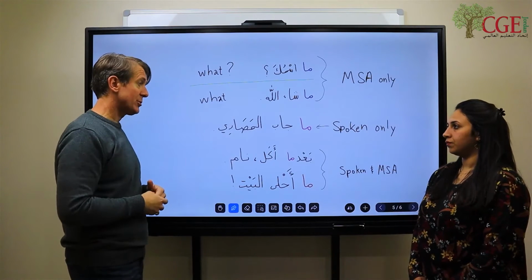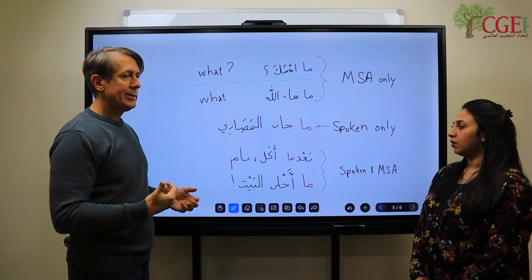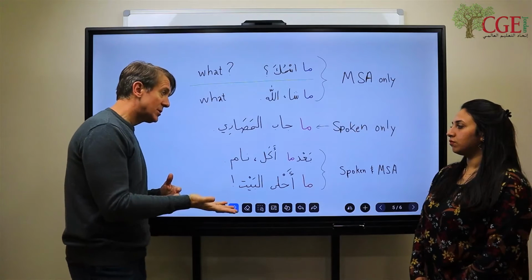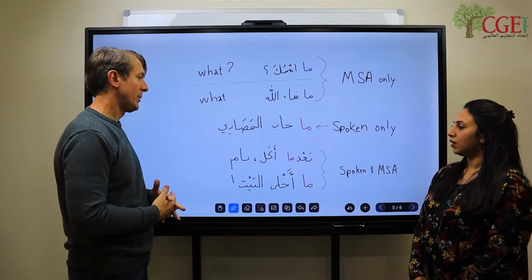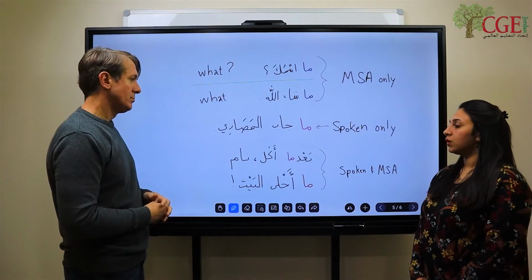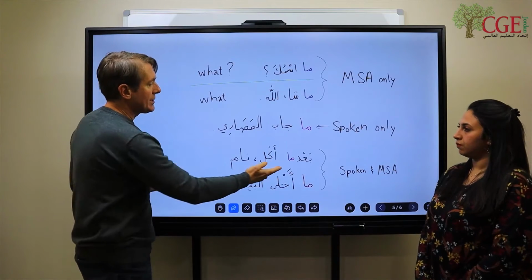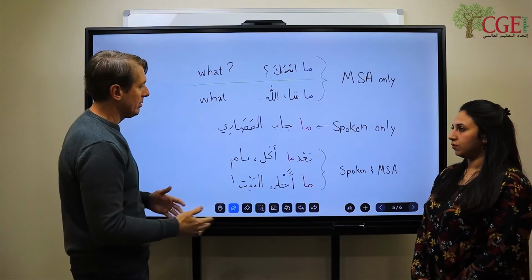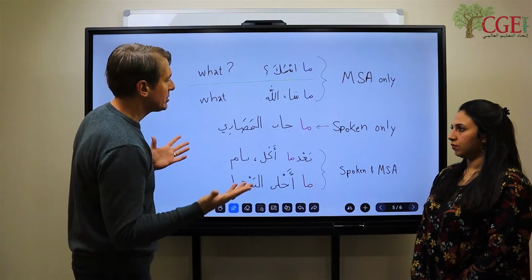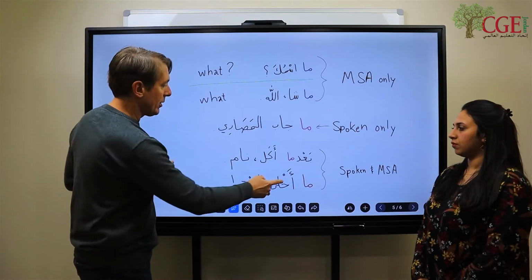Can you think of some others? بعد ما, قبل ما, زي ما. For example, بعد ما شرب لعب مع إخوانه. It's not only used with ba'd, it could be used with many others. There are many others that escape our memory right now.